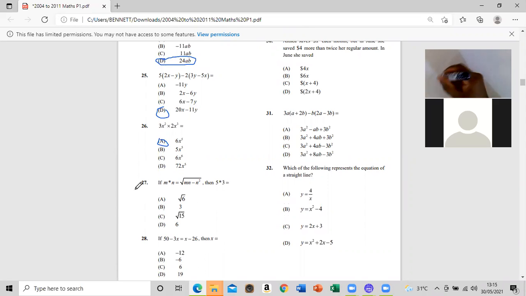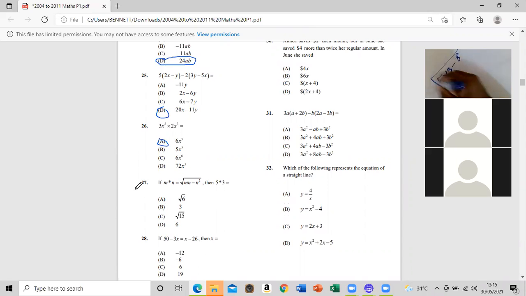So it's 15 minus 9, which is 6. Remember, guys, m is 5 and n is 3. So we just replace it and do the maths.